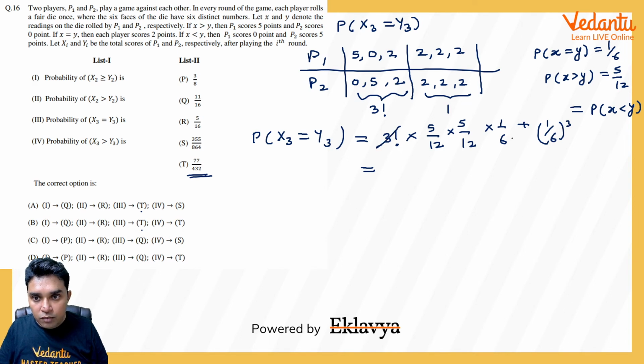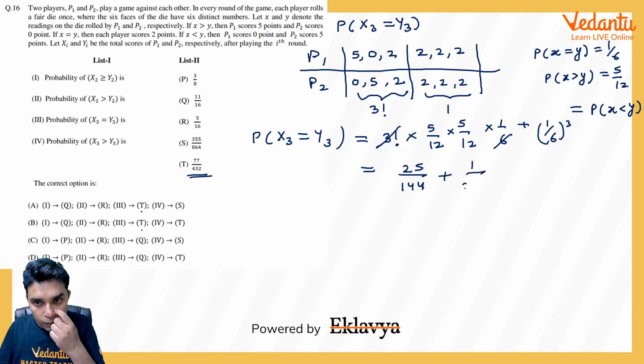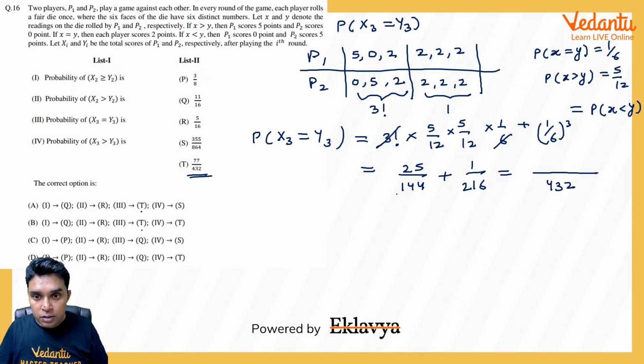So this 3 factorial will cancel this 6, so we get 25 upon 144 plus 1 upon 216. Okay, so 432 can be taken as LCM. 3 into 144 is 432, so here it will be 75, and 216 into 2 is 432. Yes, so we get 77. So for this third one, yes, we are getting T.